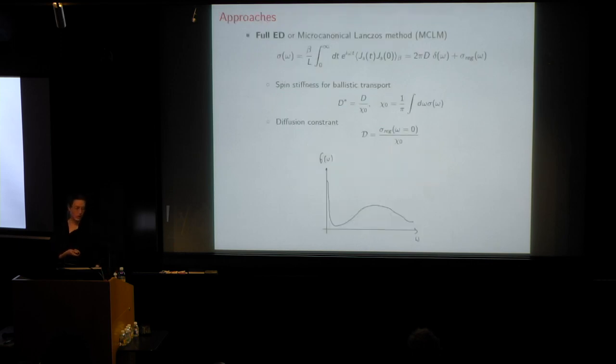Approaches to this problem are several. Most traditionally, one could look at the optical conductivity and determine the ballistic transport from the Drude peak and the diffusion constant from the omega to 0 limit of the regular part. But that, of course, works only on small systems.